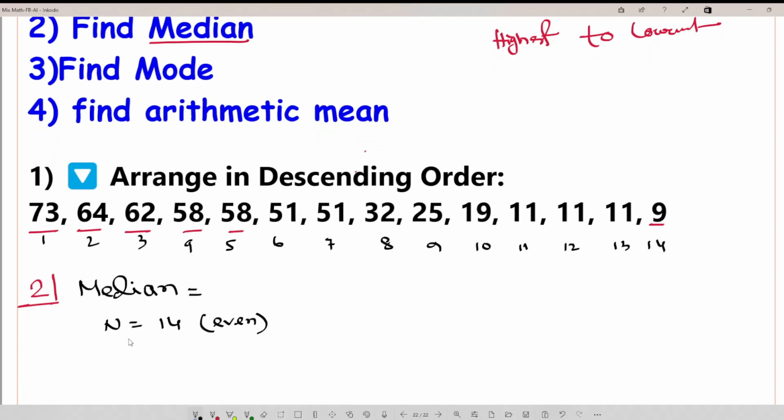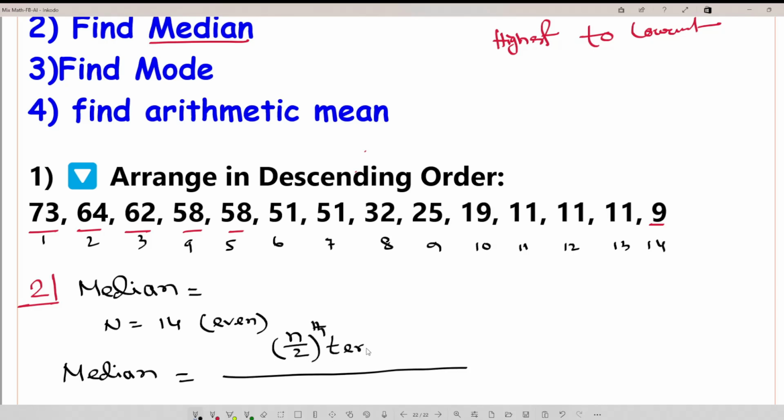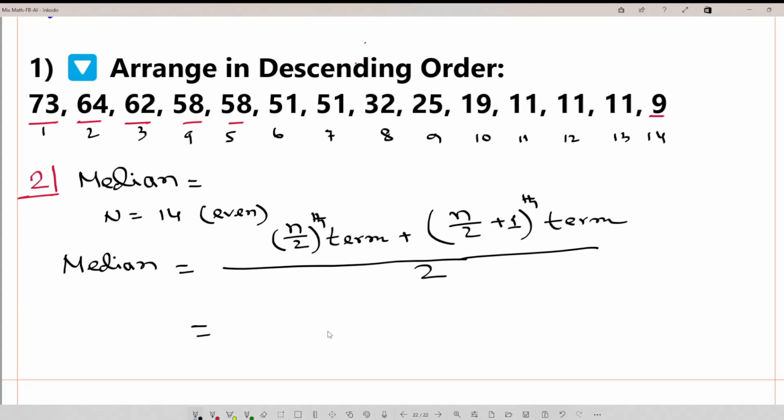So we know the theory: if n is even, the median equals the n by 2 term plus the n by 2 plus 1 term, divided by 2.